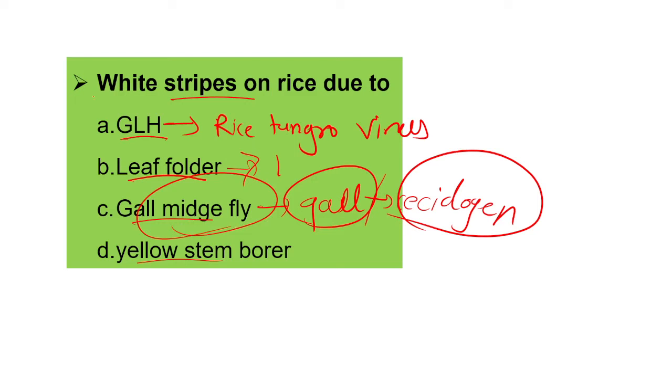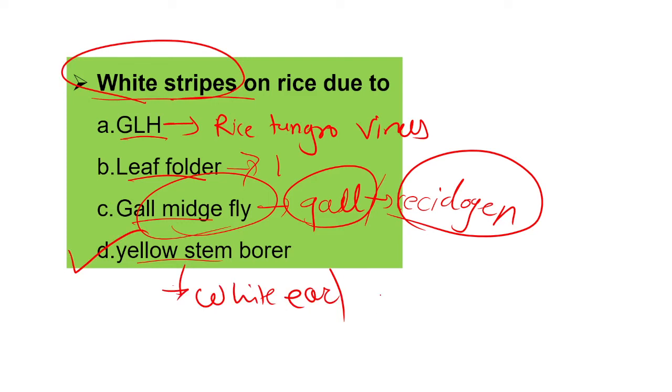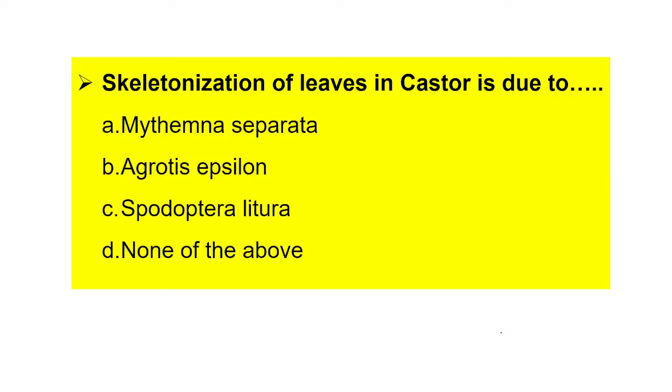In this question, they ask about white stripe. White stripe occurs due to yellow stem borer attack. Also, white ear or dead heart symptom occurs due to yellow stem borer. It is also called Collins disease, which also occurs due to yellow stem borer.